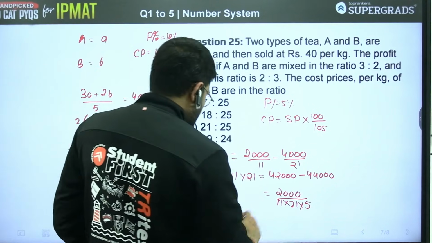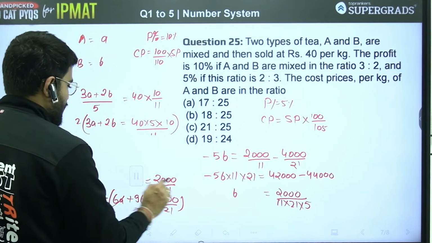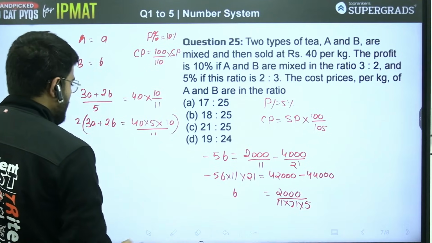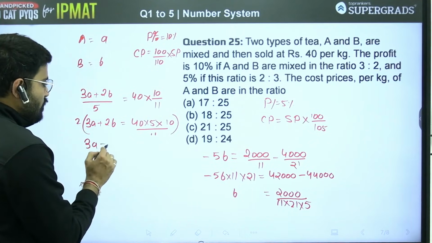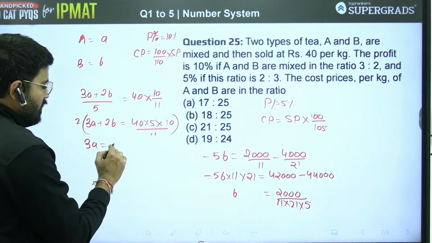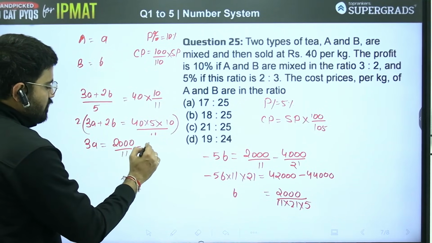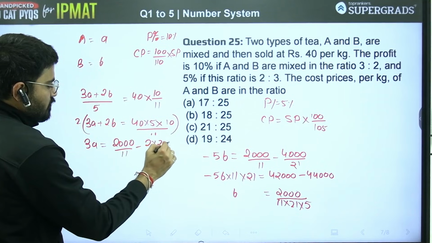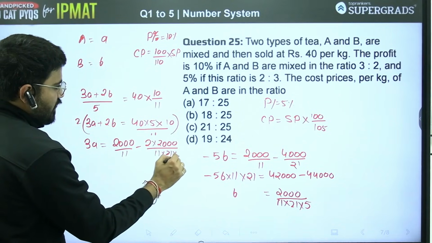So you got B. Now I'm erasing this part and trying to find A. So what will you get in place of A? 3A will be equal to 400 into 5, that is 2000 by 11, minus 2B. So 2 into 2000 by 11 into 21 into 25.